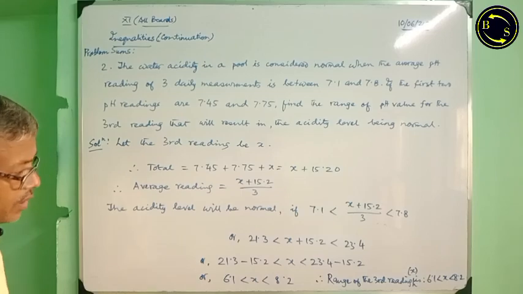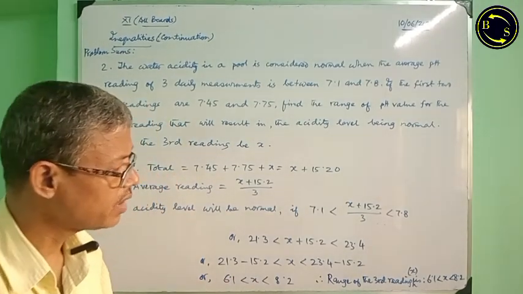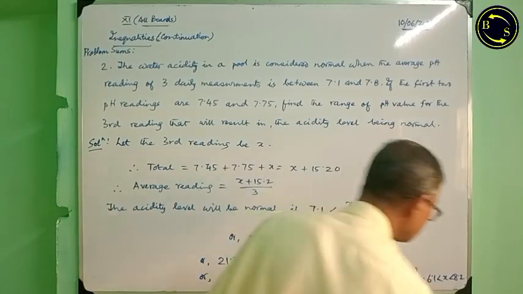Third reading, that is x, will be 6.1 less than x less than 8.2. That is the answer.